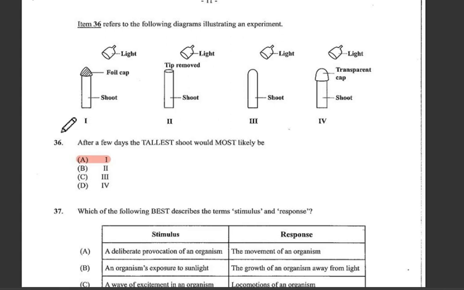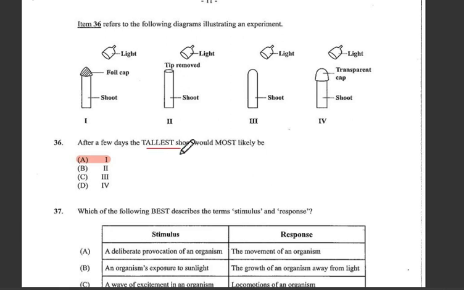Alright, good. So here we have the illustration. Let's just illustrate. We have light, we have a foil cap, we have a shoot. Here we have a shoot with the tip removed, with the light. Then 3, a shoot with the light removed. Then a shoot with a transparent cap and a light. They are asking about the tallest shoot after a few days.